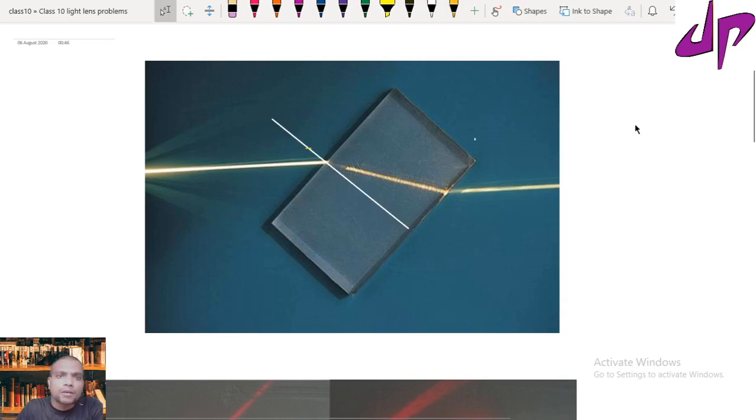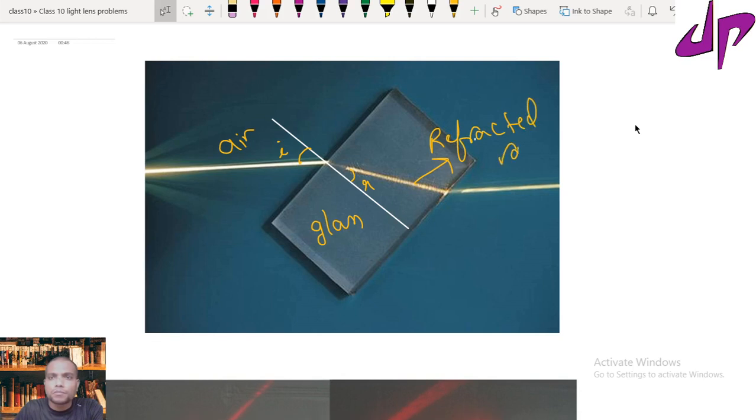This is the angle of incidence I, and this becomes the angle of refraction when light is traveling from air medium to glass medium, and this we term the refracted ray, and this phenomenon we call refraction.